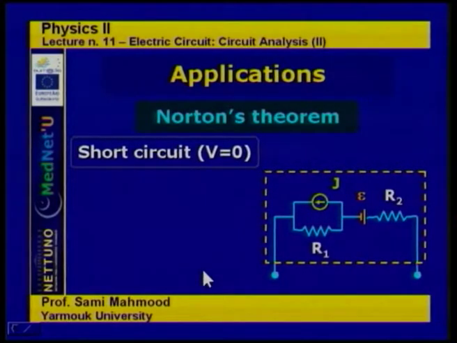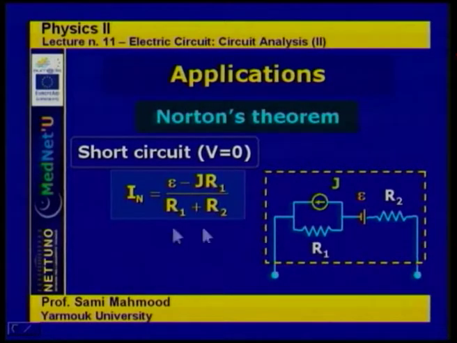And thus we obtain IN in the short circuit. IN is equal to epsilon minus JR1, which is simply the voltage difference, divided by R1 plus R2. That is the I that flows across the circuit after we short circuit it, because, as we knew from before, the I that flows in this short circuit is IN, which we determine by going around the loop.